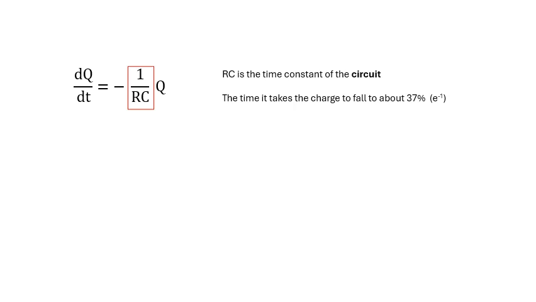If you want to check that on your calculator, e to the minus 1 is about 0.37. So dQ/dt is minus 1 over RC times Q, and dQ/dt is the current, so I equals minus Q over RC. Sometimes that might be a useful equation.